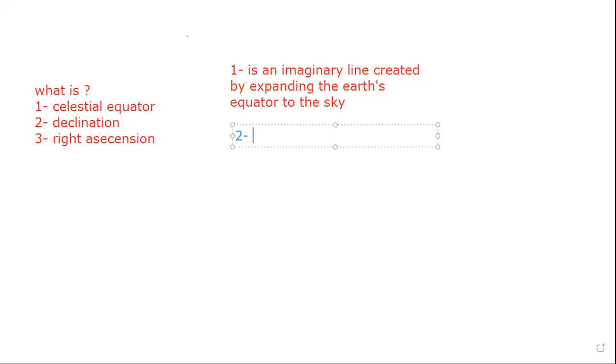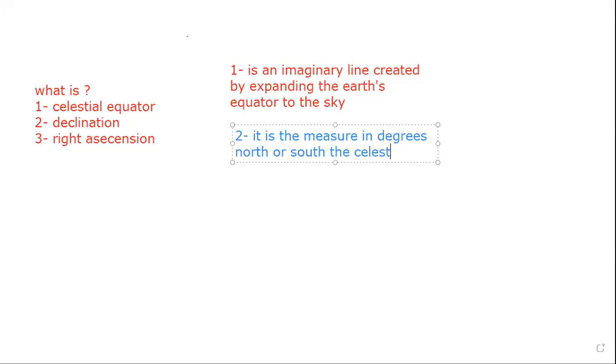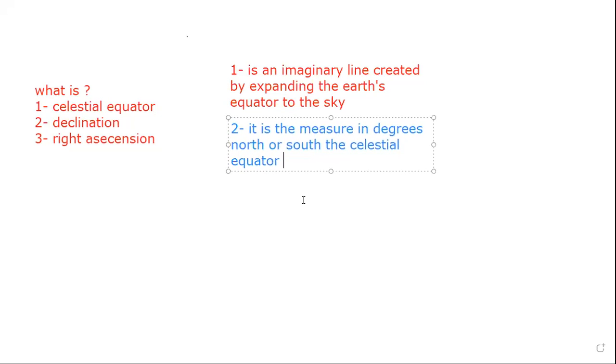So declination is the measure, in degrees, north or south of the celestial equator. Very good, guys. So, for example, we can say it is like latitude, that looks like latitude on Earth.